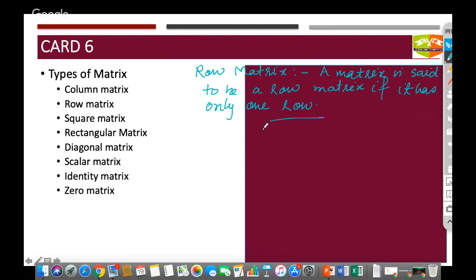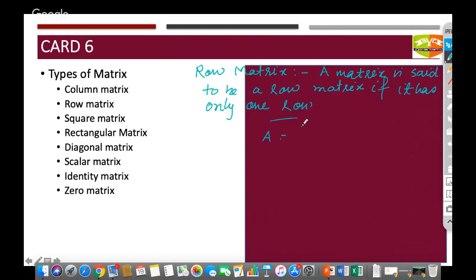Now I'll define it like any general matrix. I'll take a matrix as A11, A21, A31, and I'll keep on going till I write Am1. Sorry, I've made a column matrix here.